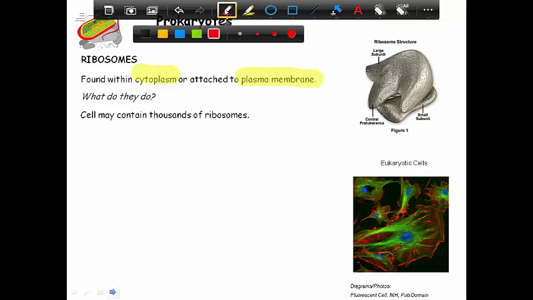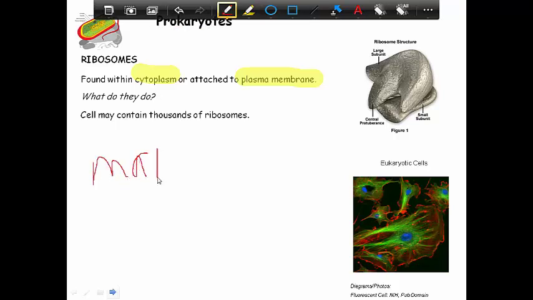Ribosomes in prokaryotic cells and eukaryotic cells make protein. As we know, protein is the structural component of things in cells, so proteins help to build stuff. We need those proteins to help build the cell. Your bacterial cells can contain thousands and thousands of ribosomes.